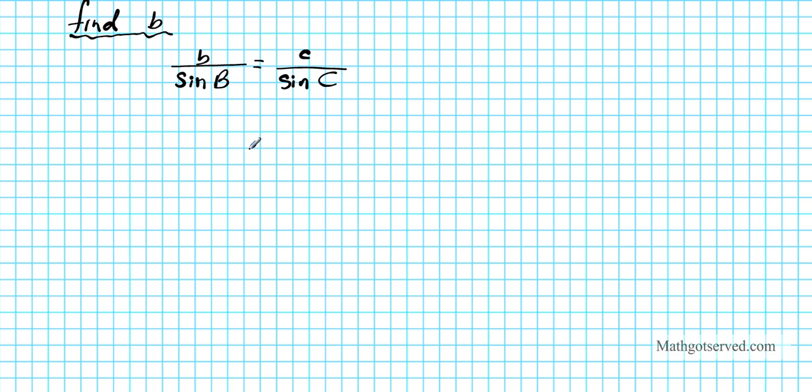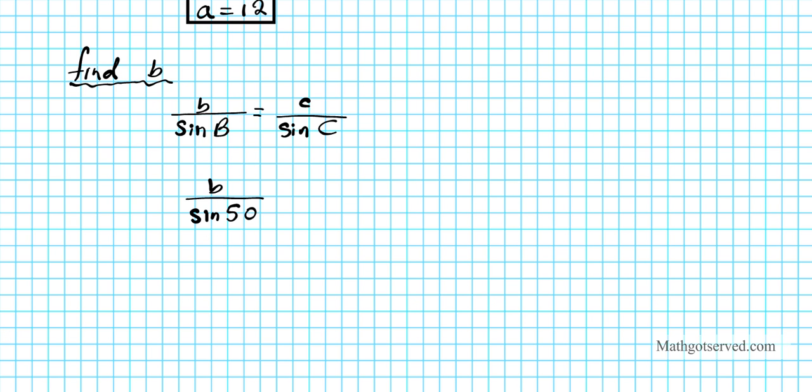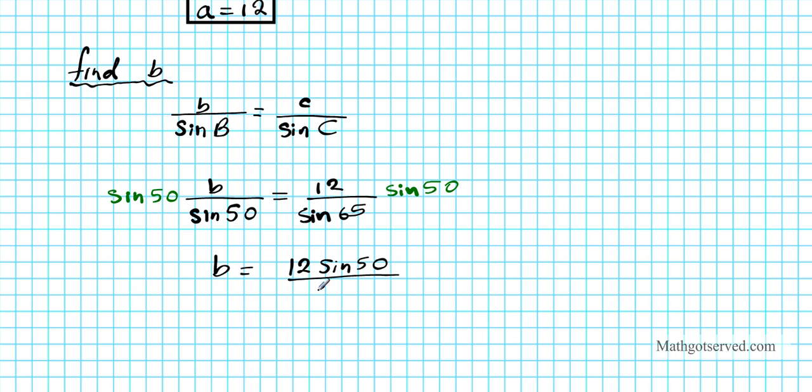Okay, so let's make the substitutions. Now we have little b over sine big B. Big B is 50 degrees, so sine 50 equals, little c is 12 over sine 65. All right, so to isolate little b, we'll multiply both sides by sine 50. So that gives us little b equals 12 sine 50 over sine 65.